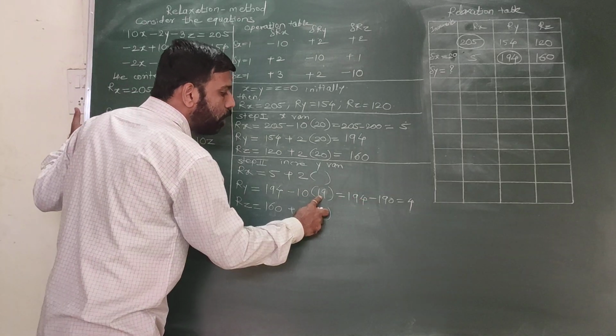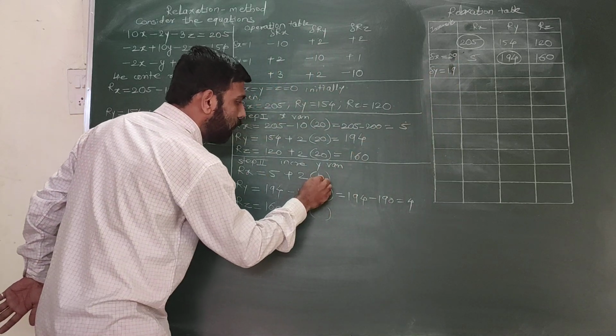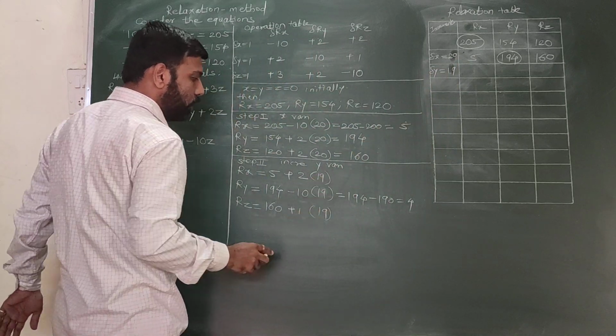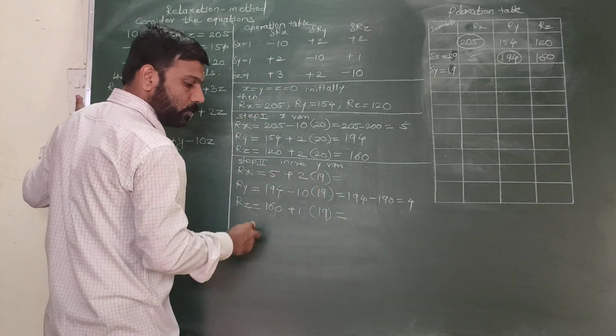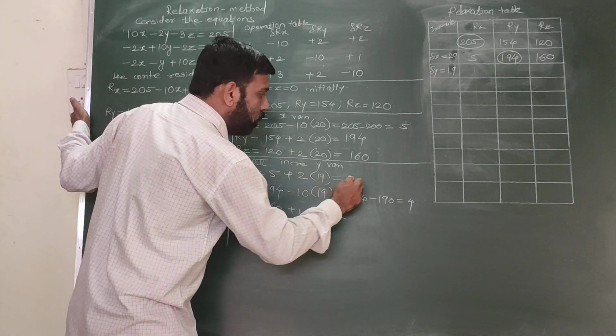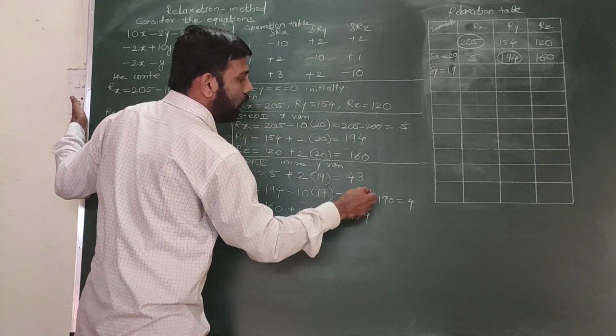Now we choose here increment 19. So I mention here delta y increment is 19. The same increment we give for the other residuals, and calculate this. The output of this is 43, 4, 179.